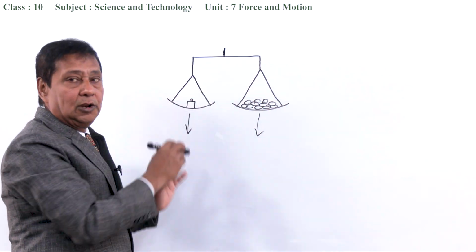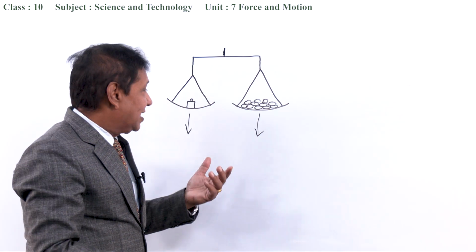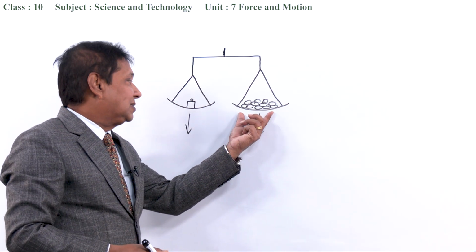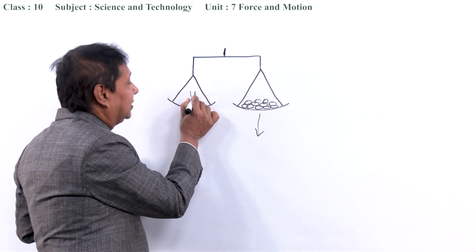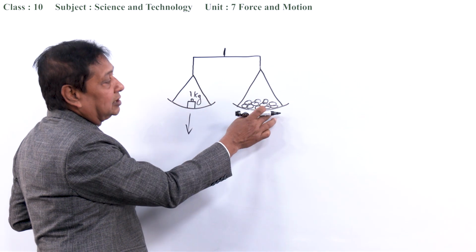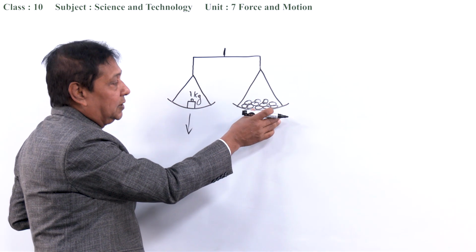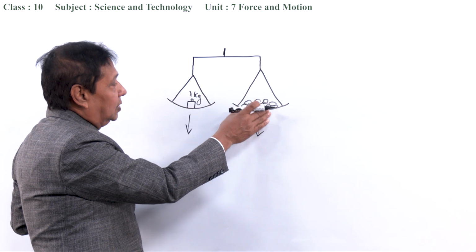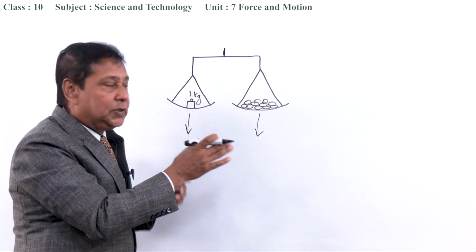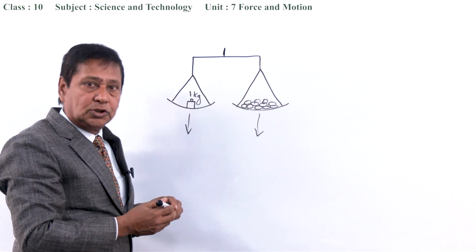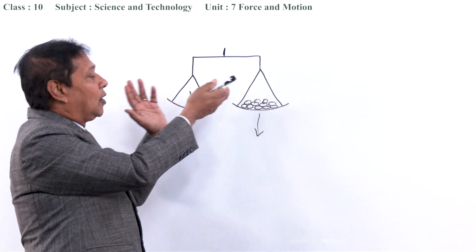Beam comes in equilibrium, and we can say that this unknown mass is equivalent to 1 kilogram. If it is potato, we measured 1 kilogram of potato. This way, a beam balance is used to measure the unknown mass.